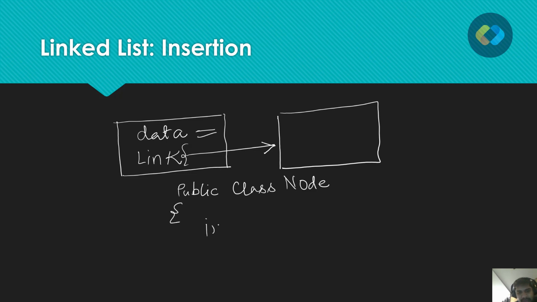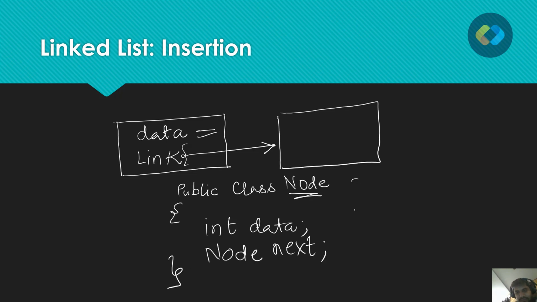Suppose we are storing an integer, so we'll say integer data, and then you will have a link reference for the node, and we'll call it next because we are pointing to the next node. So that's how our class object will look like for the linked list. That's how our node object will look.